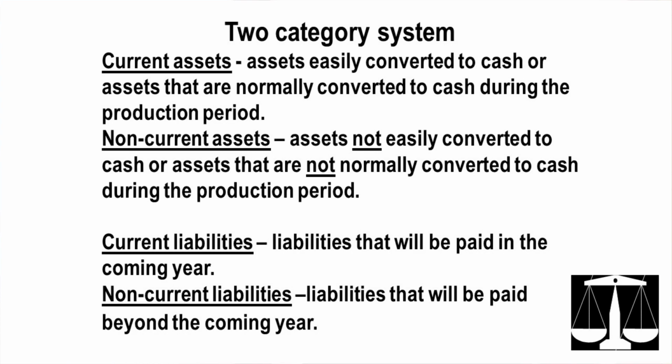Your non-current assets are ones that are not easily converted to cash, and they're not normally converted in that production period, so kind of on that annual basis. So usually current would be kind of less than a year, and non-current would be more than a year. And same goes with the current liabilities and the non-current, is how you want to group those.